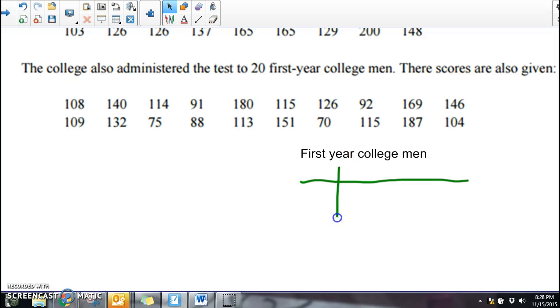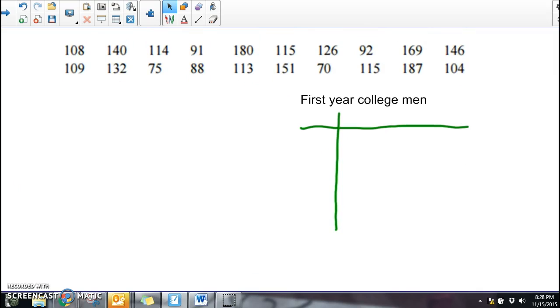our line, and we would decide what's the best way to do this. And it doesn't really make a difference as long as you're consistent. You just have to be consistent. So it looks like we have a low of 70 to a high of maybe 187.